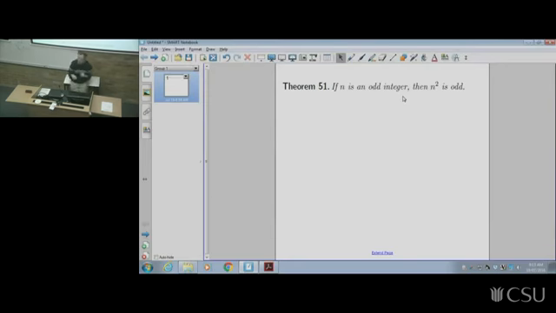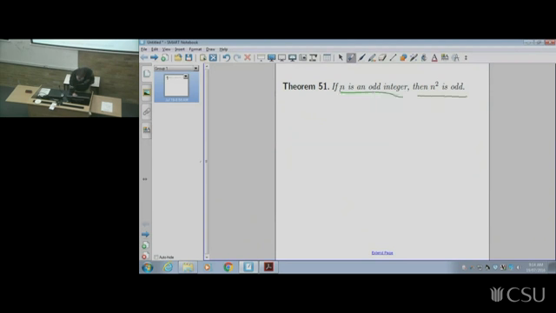What's the premise of this particular statement? Is it n? So basically we're given some situation. That's the premise. That's the basic situation. n squared is odd. That's the conclusion. If n is an odd integer.